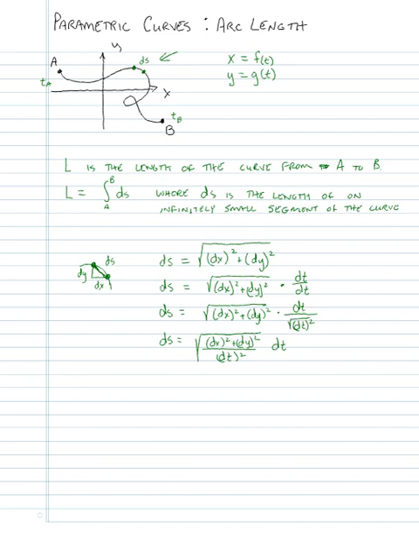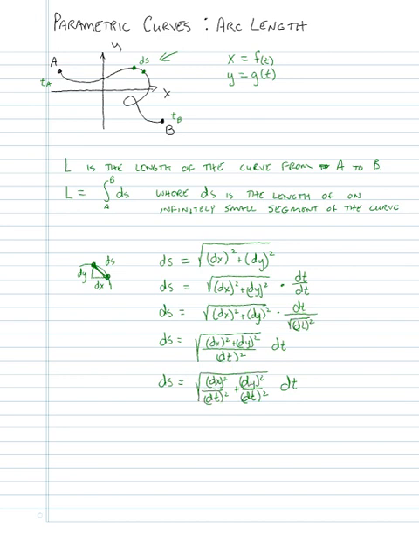Now, if I look underneath the radical, I can break that into two fractions. dx squared over dt squared plus dy squared over dt squared. I guess I'll do that. So now I have ds is equal to dx squared over dt squared plus dy squared, and the dt outside the radical.